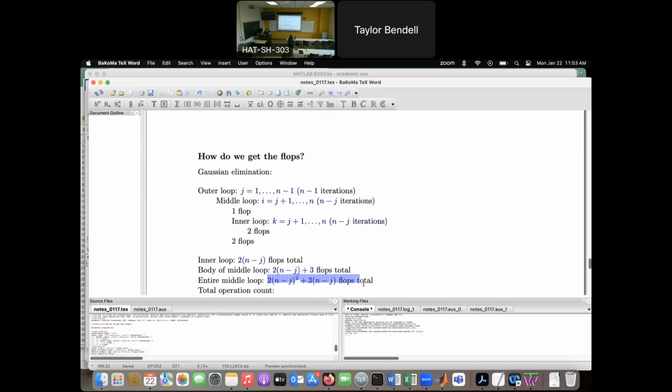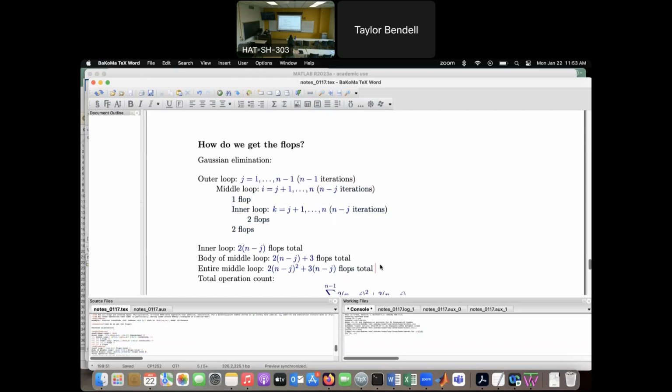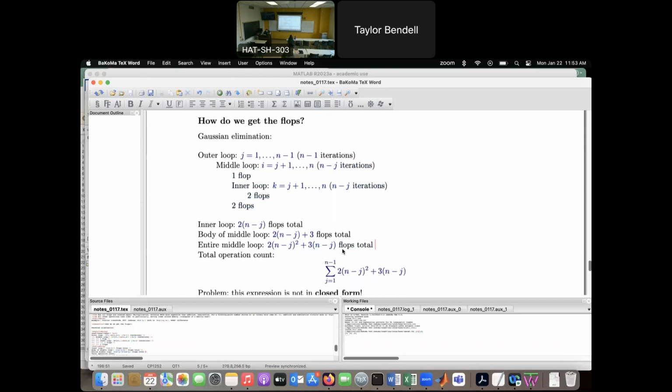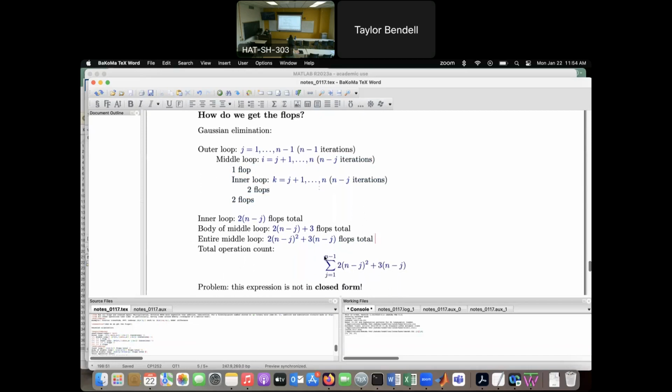So now you have this many flops in the middle loop. But now you have to sum that up from j equals 1 to n minus 1 to account for the outermost loop. So right here we have an expression for the total number of flops. It's not a very convenient one, but it's at least a starting point. Any questions about how that expression was arrived at?